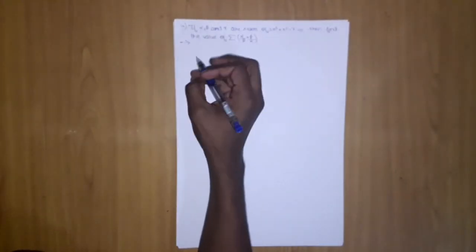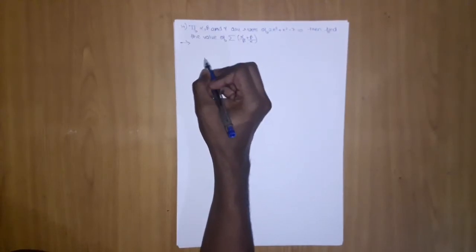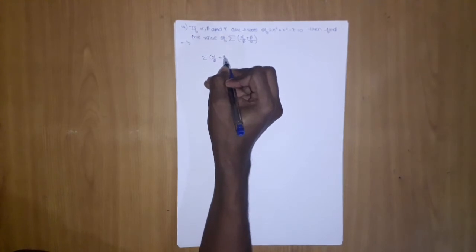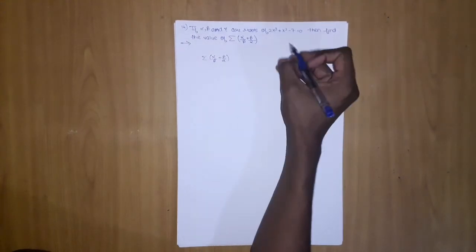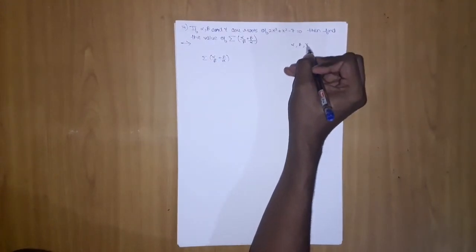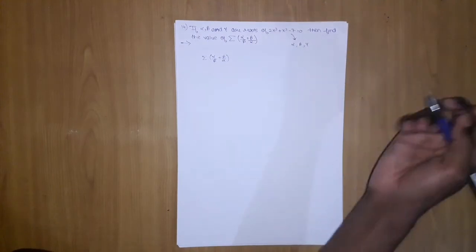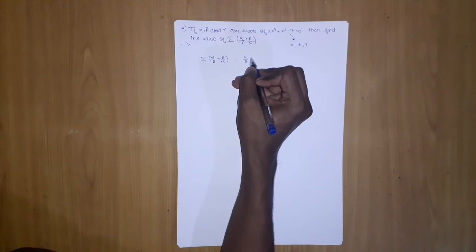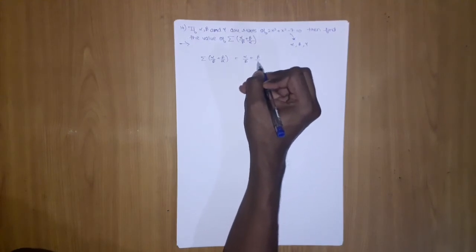Now how can we approach this question? Let me open this. I know alpha, beta, gamma are the 3 roots of this equation. So let me open it. Summation alpha by beta, you must know how to open summation.